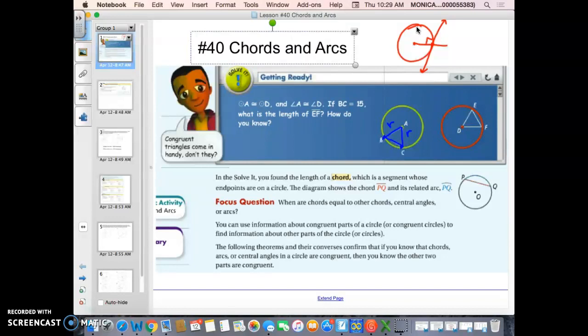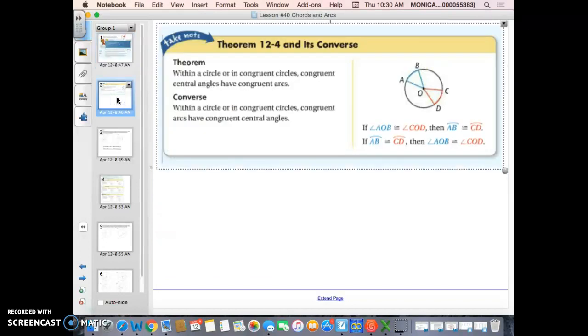Once again, this is a chord because both endpoints are on a circle. You can see how it's a little different than a tangent line, but chords also have special relationships that we're going to talk about.